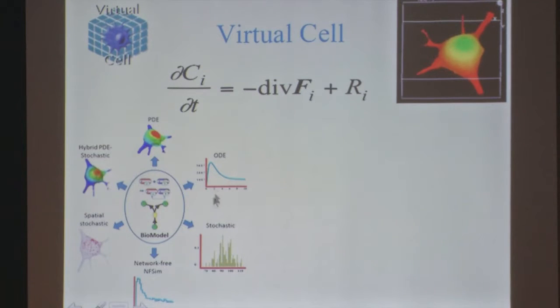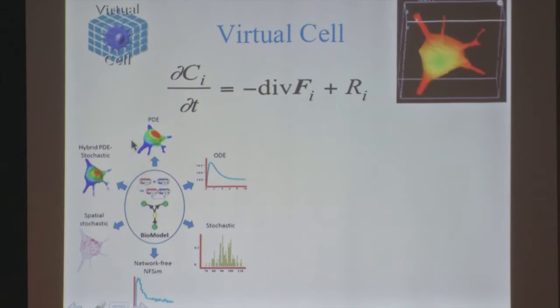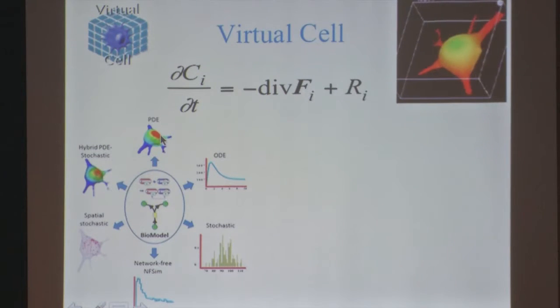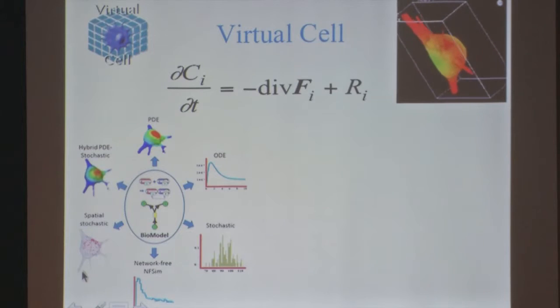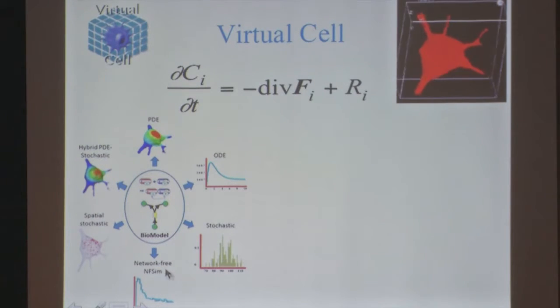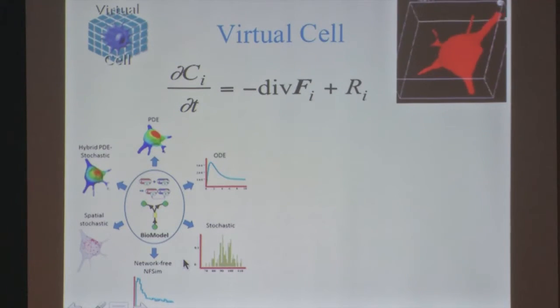We can solve ordinary differential equations, sort of kinetic systems. We can solve partial differential equations where the kinetic systems are associated with specific geometries. We can do stochastic simulations. We can also do something called network-free simulations, which I'll talk about a little bit more in a minute.